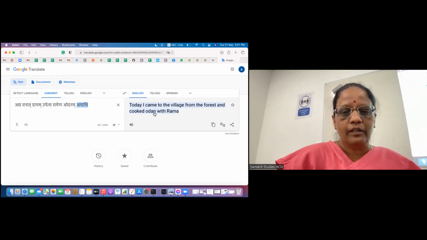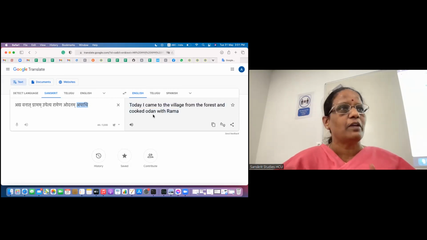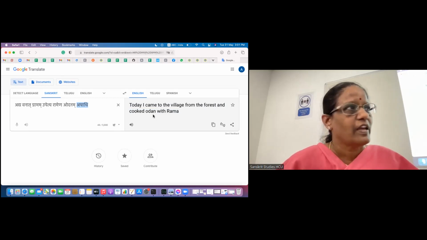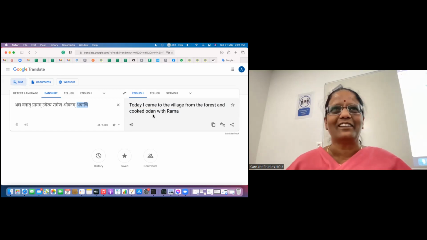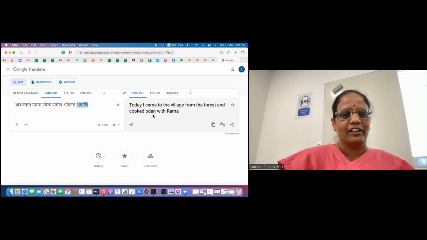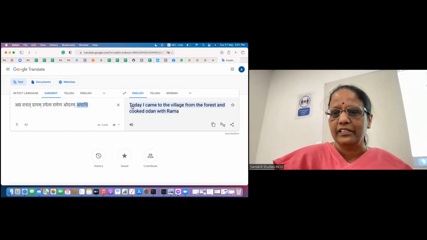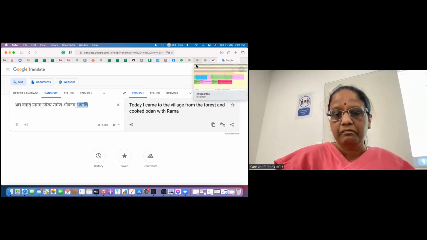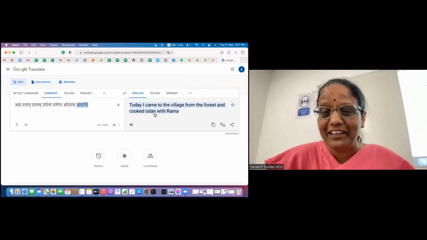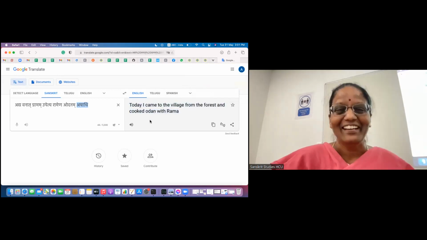So this is the problem with Google Translation, that the translation is very perfect. You feel that yes, this is the correct translation, but if you look at the original sentence, then there is a problem. Odan is not an English word. We know that it means rice. Here in English it has used Odana. Okay, fine.